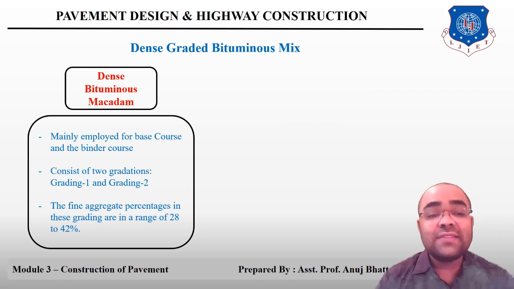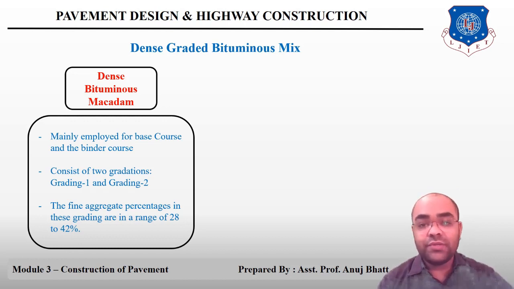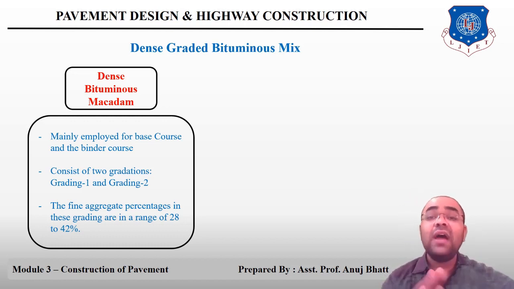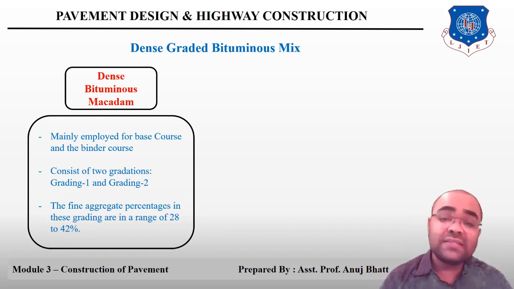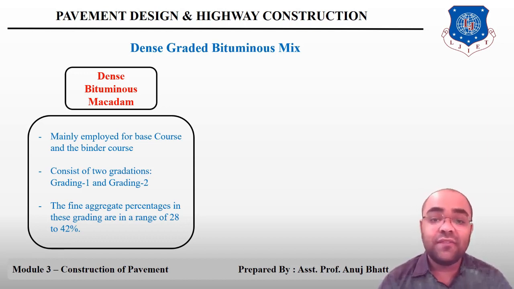Now the dense bituminous macadam is mainly employed for the base course and the binder course. So here you can see that we can apply this bituminous mix on the base course and also on the binder course. This mix itself consists of two different gradings, grading 1 and grading 2.